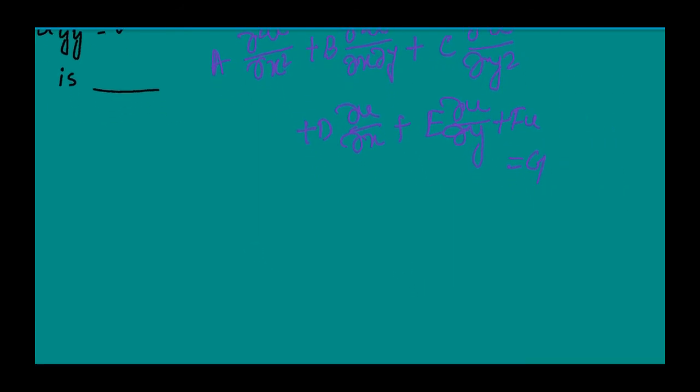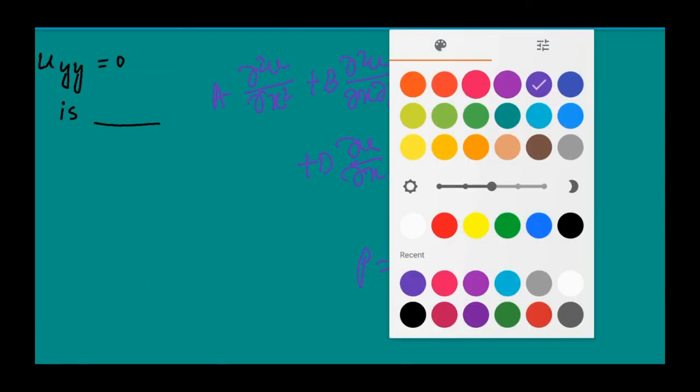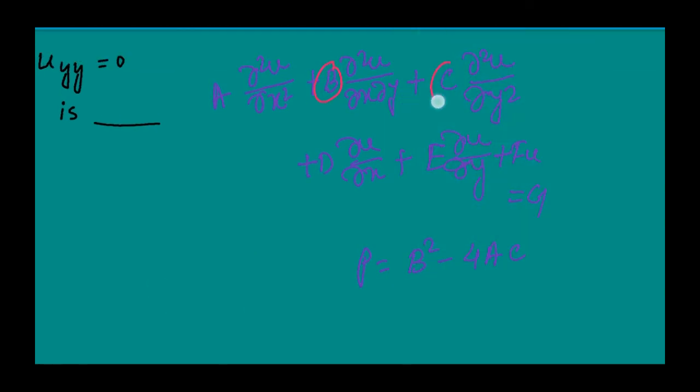So we have to find out P, which is equal to b square minus 4ac. Here are the coefficients a, b, c.